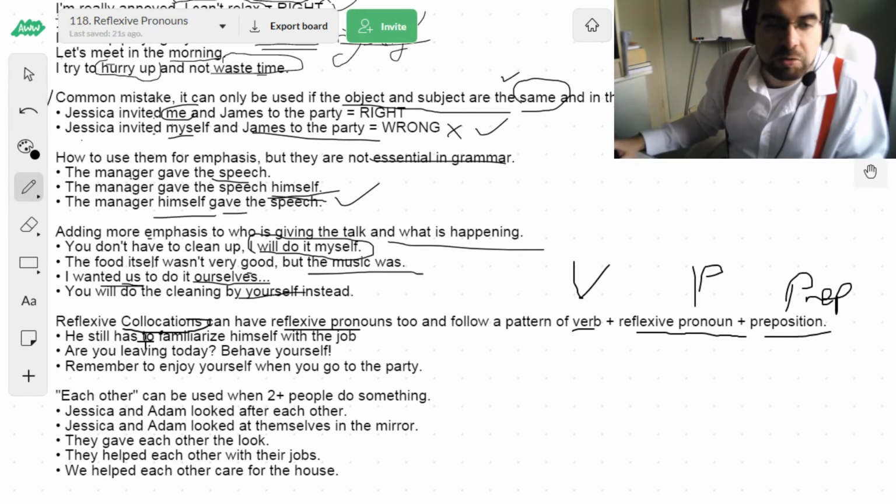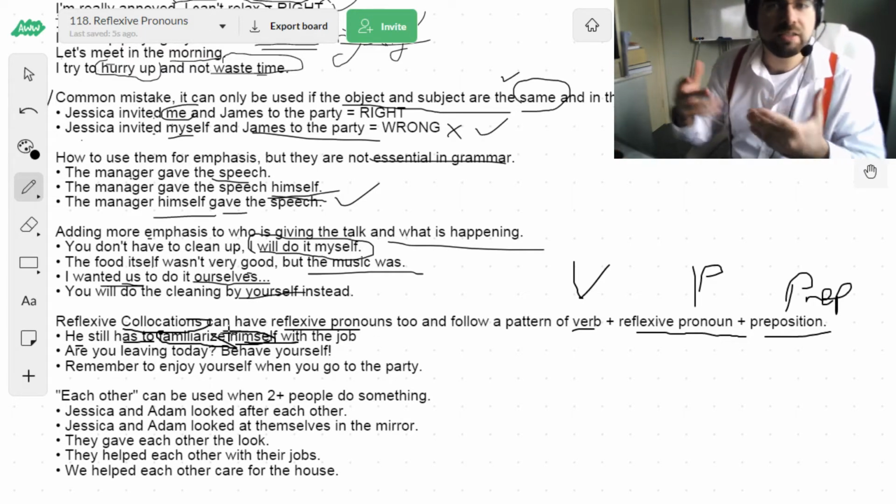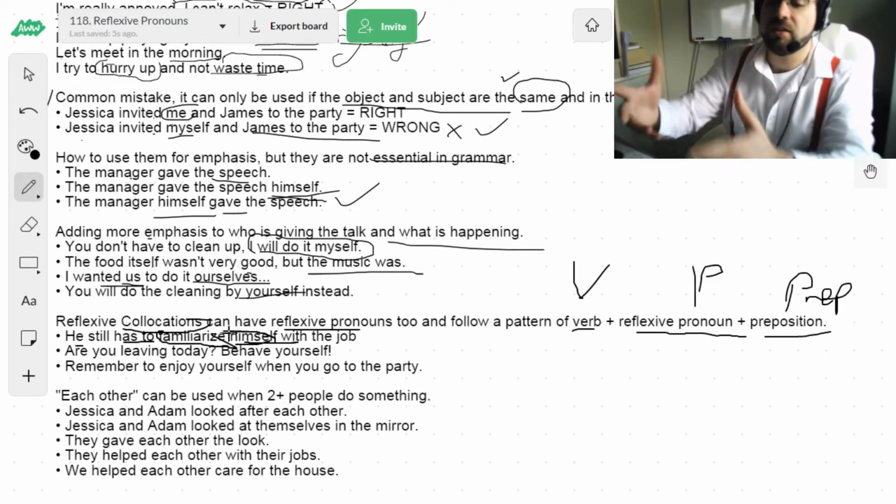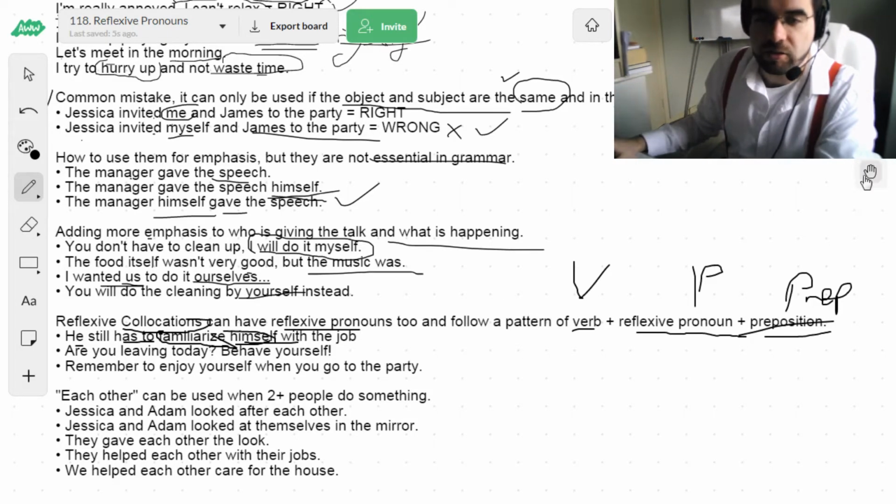He still has to familiarize himself with the job. So the verb, he has to familiarize himself with. Familiarize himself with. Preposition, with the job.